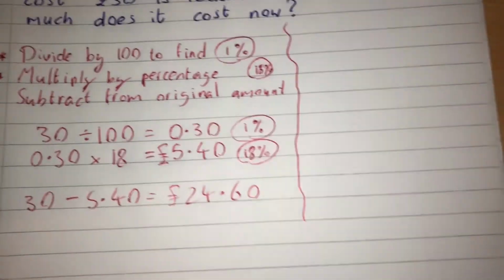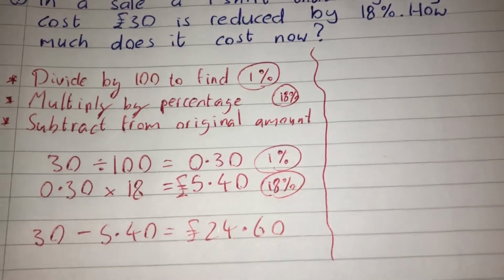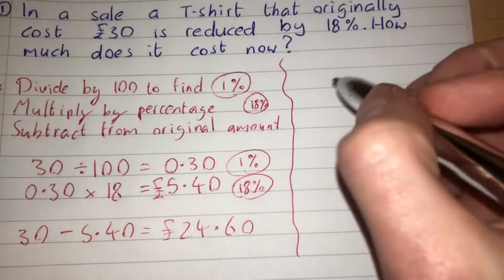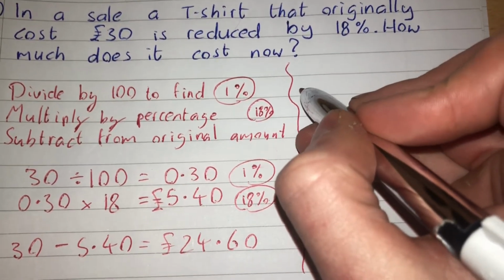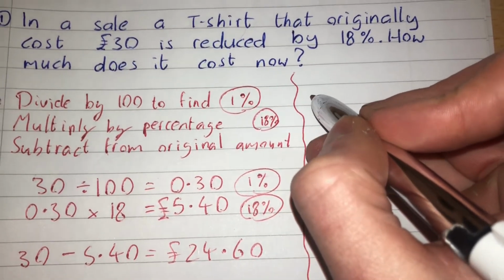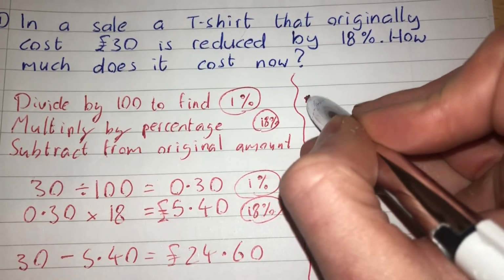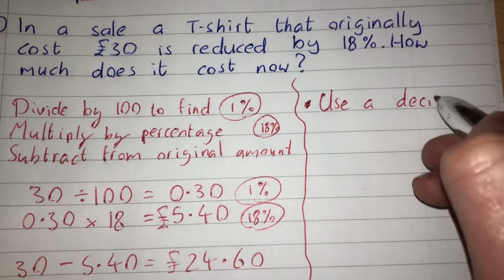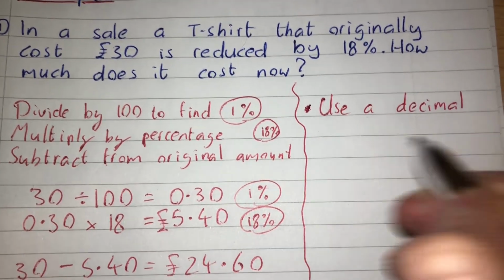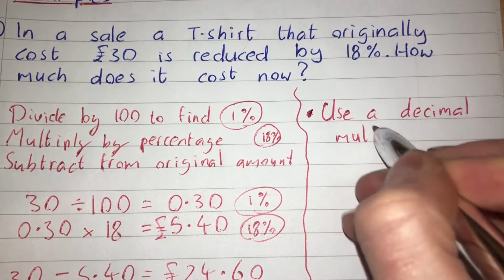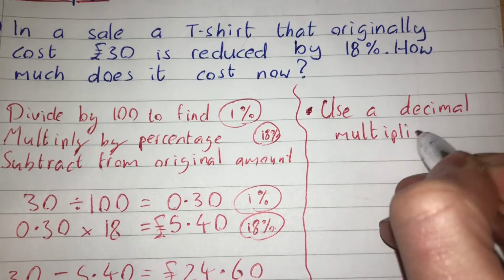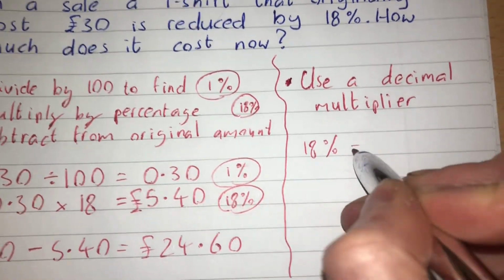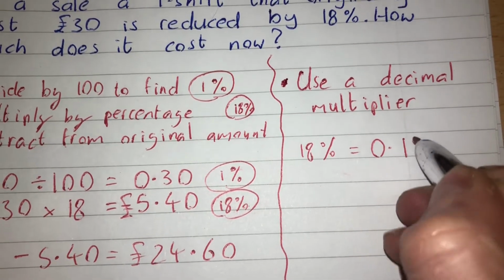Now again, just like in our previous video of working with percentages, I'll teach you a number of different methods. The other one is to use a decimal multiplier to find 18%. So 18% as a decimal multiplier is 0.18.